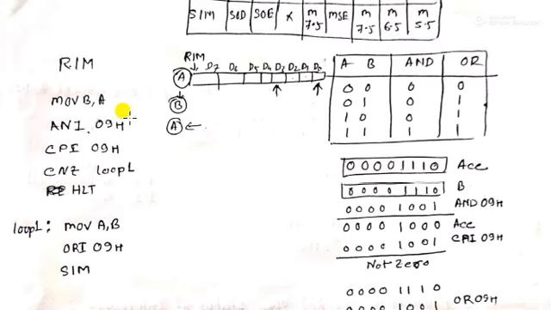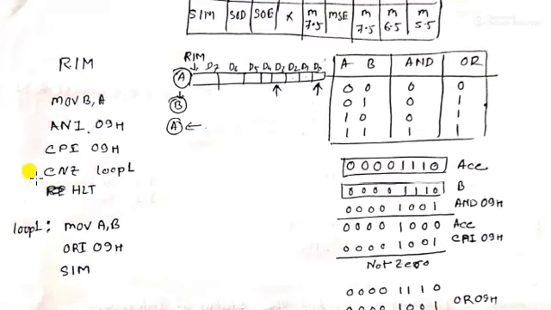So come to the program. First of all, we load the RIM instruction, and make a copy of the content of the accumulator. Then we make an AND operation with 09 and compare, because we are checking here the status of the RST 7.5.